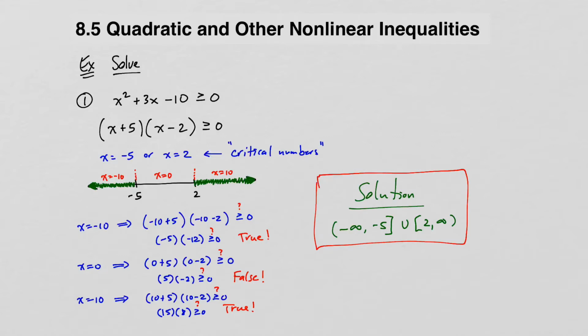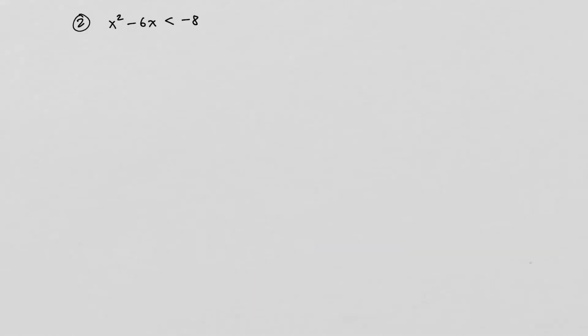Okay, let's try a few more. So for our next problem, it's very similar. First thing we need to do here is we need to get 0 on the right-hand side. So I'm going to add 8 to both sides, and that will give us x squared minus 6x plus 8 is less than 0.